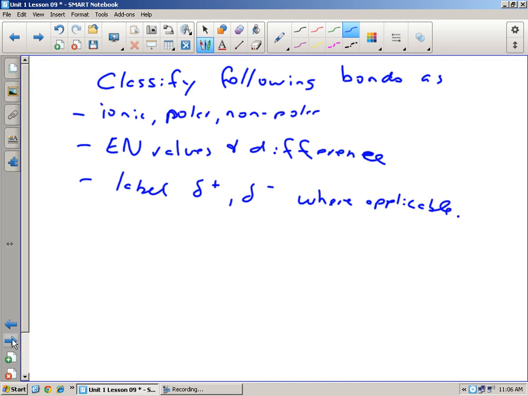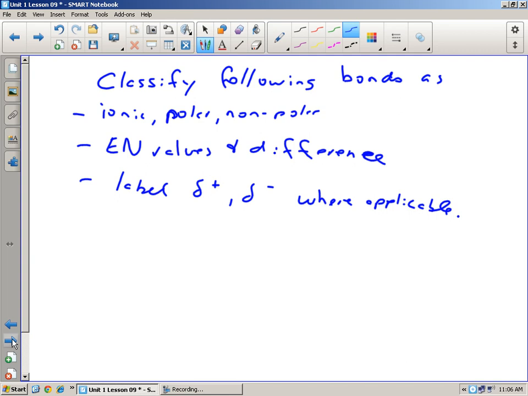Okay? I'll just get out of your way here for a second. Do we need partial positive, partial negative for ionic compounds? Yes or no? No, right? Ionic is a full positive and a full negative.